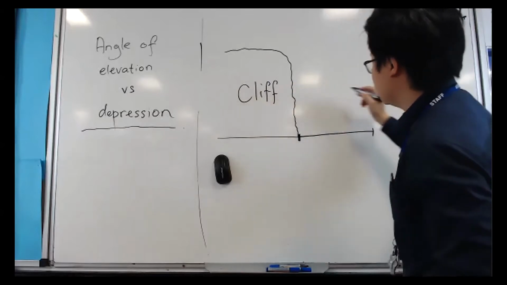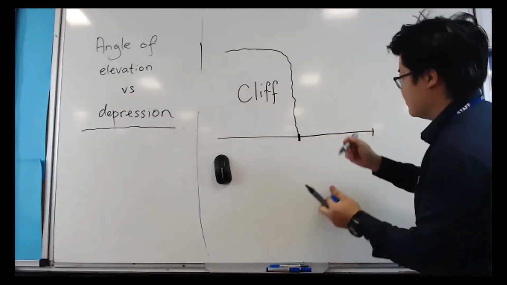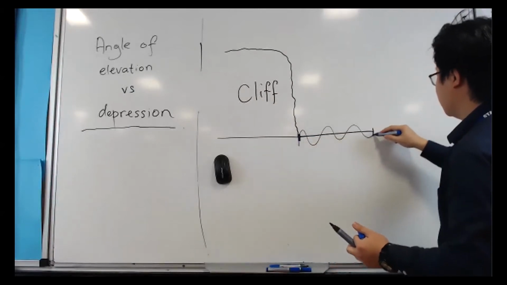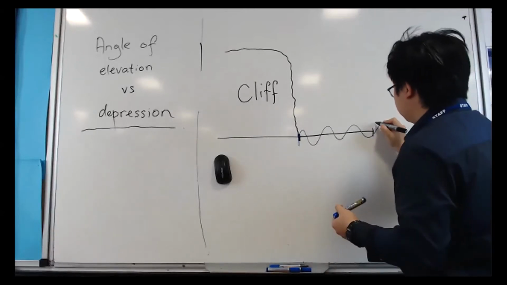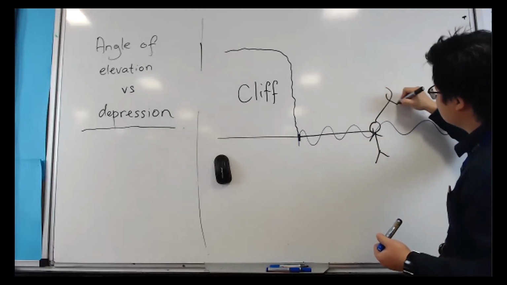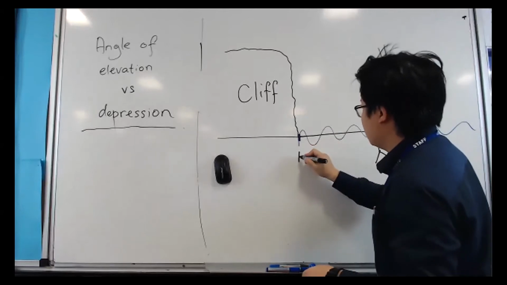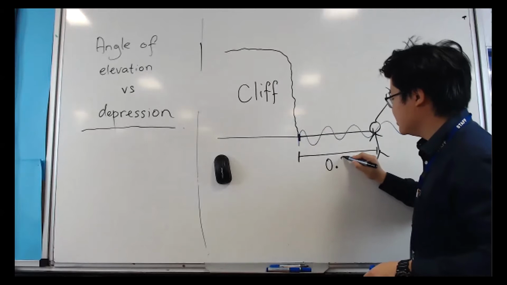So Denise is right there in the ocean. This is tricky, I'm going to draw the ocean like that. Yeah, like that. So Denise is right there in the water. Now, the distance there is 0.32 kilometers.